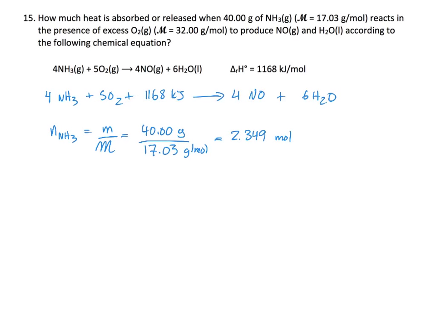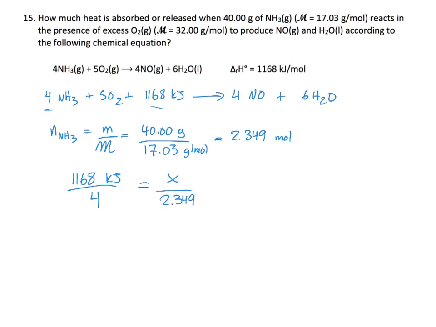Okay, so the heat absorbed that we see is that you get 1168 kilojoules of heat absorbed for 4 moles of NH3 according to our balanced equation. So I guess the question is, how many kilojoules get absorbed for 2.349 moles? And the way we can answer this is by setting up a ratio where we have 1168 kilojoules over 4 equals X over 2.349.